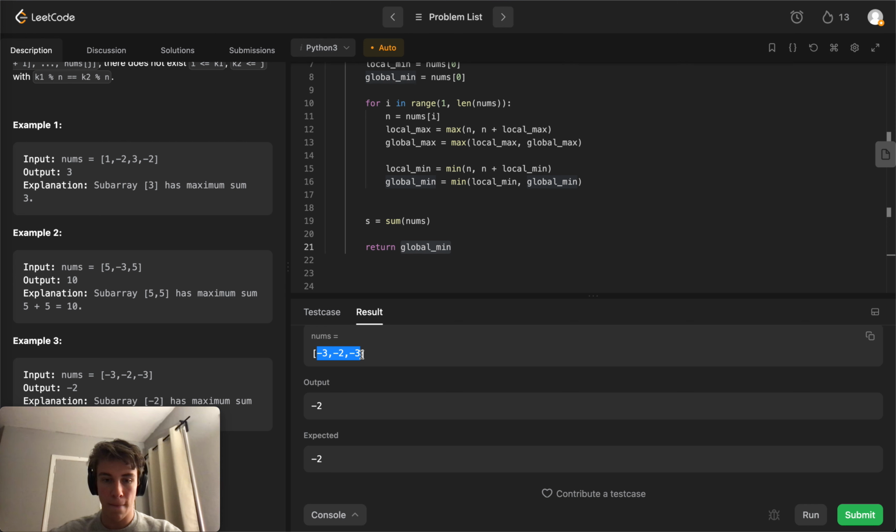I'm thinking, could I potentially just assume that if the sum of all these values is also equal to the min subarray, then I could by default take the global max?